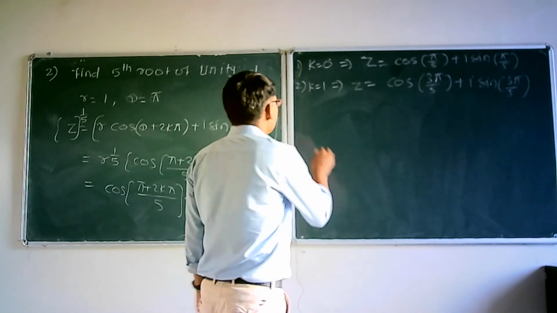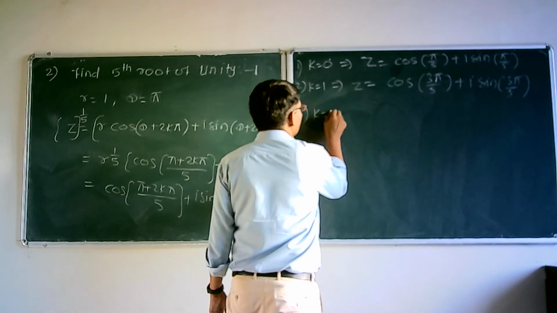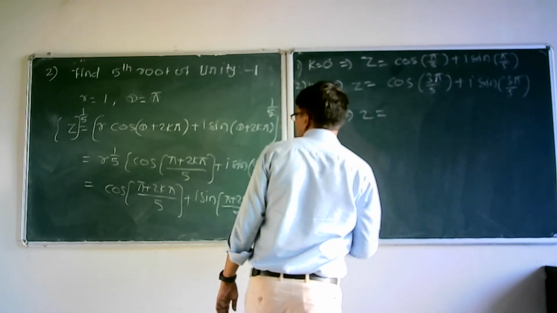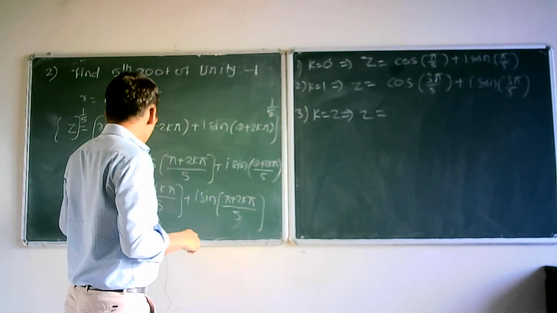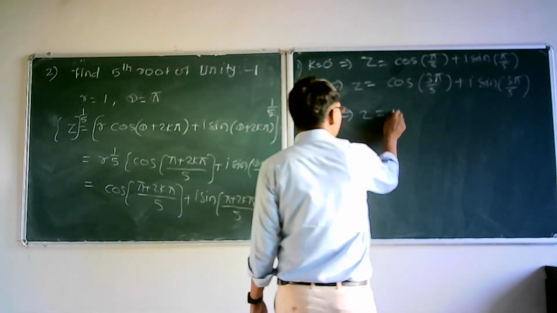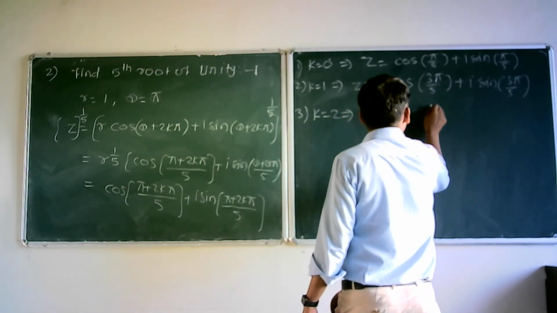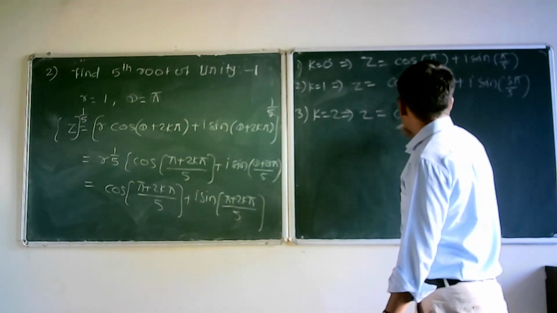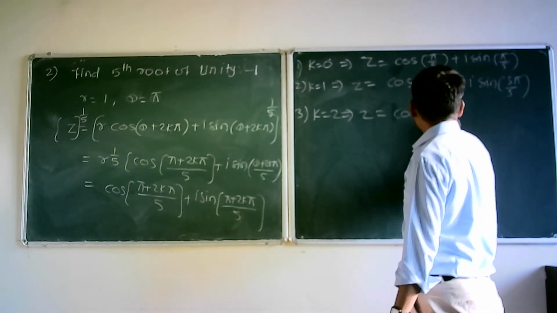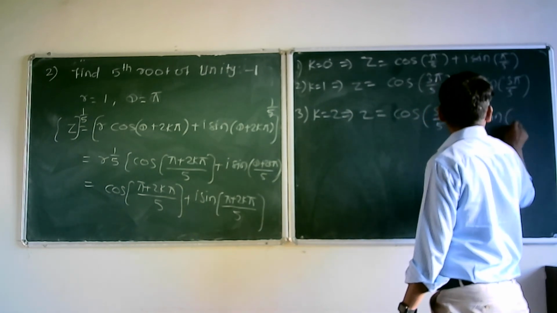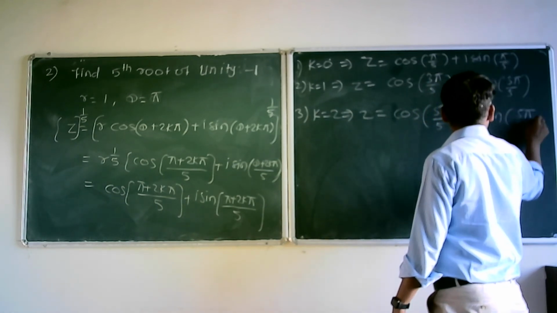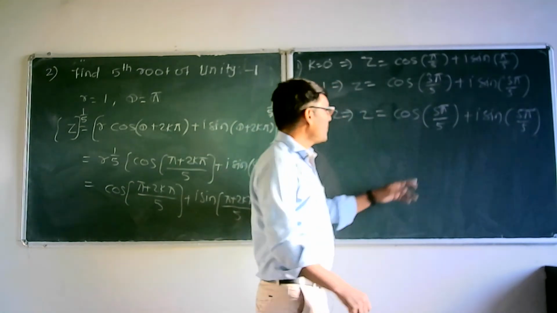Next, number 3, k is equal to 2. Then z is equal to cos of pi plus 4 pi, so 5 pi by 5, plus i times sin 5 pi by 5. So here, what is cos pi?